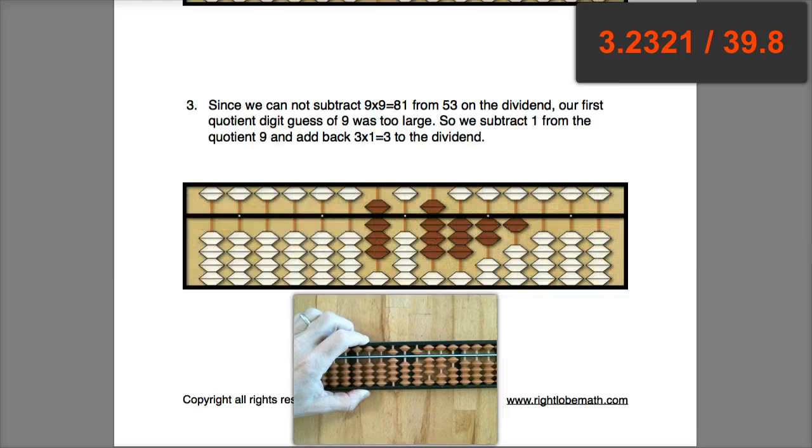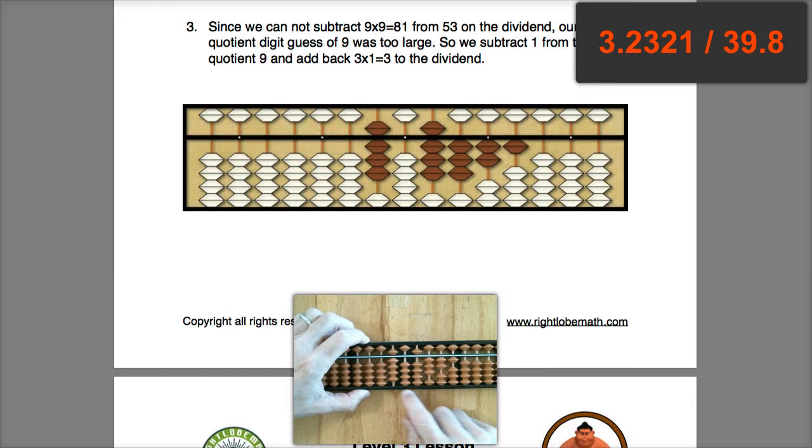Okay. And then we quickly notice that for the second digit of the divisor, multiplying 9 times 9, I get 81, but I can't subtract it from the 53 on the dividend, so that means that my first guess was too large.